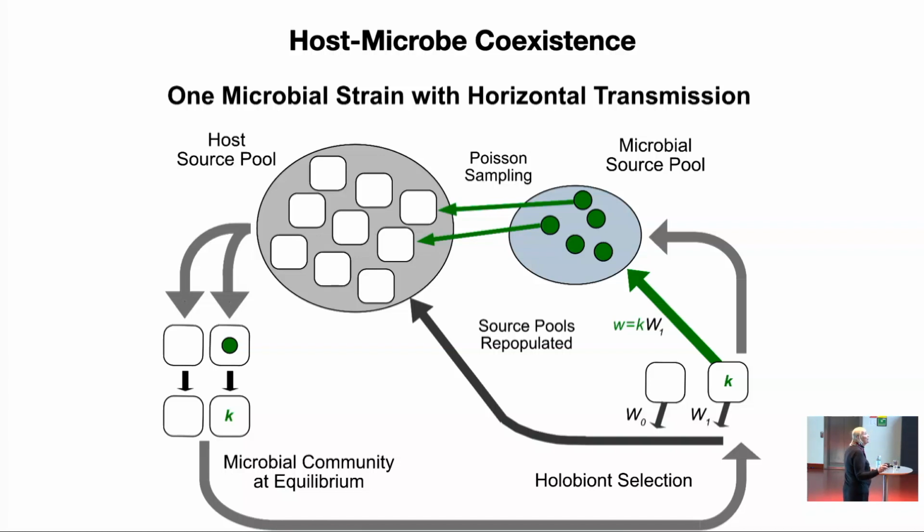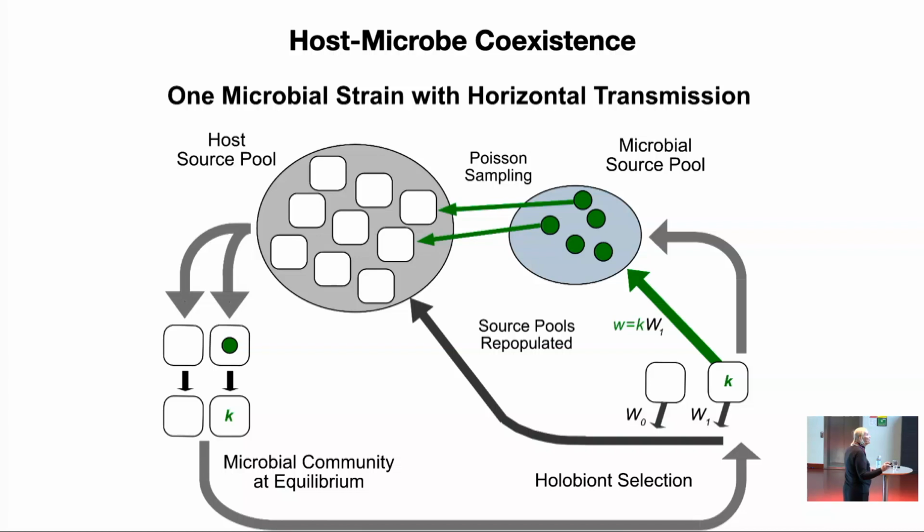But here, of course, there are no algae, so they don't contribute anything. But of those that do have algae, the number that they contribute is K, the number within each, times W1, which is the fitness of the holobiont.